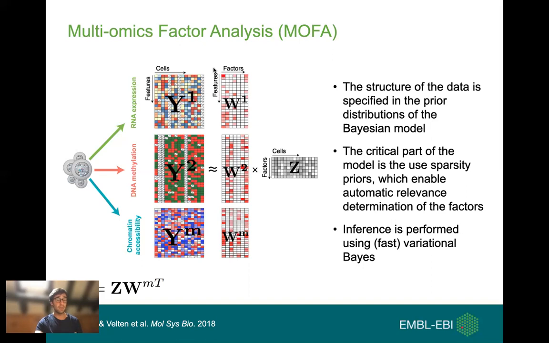And same as in matrix factorization, this is the critical part that provides interpretability in the model. Because let's say that factor 1 was capturing differences in cell cycle between your cells. Then by looking at these features here for factor 1, you can exactly pinpoint which are the genes that are responsible for that variation.